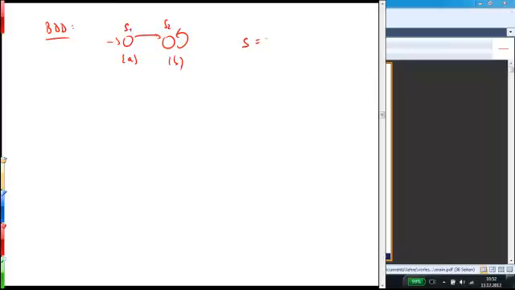If S holds, then I mean that I'm in S1, and if S does not hold, then I mean that I'm in S2. If I would have 4 states, I could use 2 bits, because with 2 bits I can encode 4 values. And now I can build up a BDD that encodes that S1 is the initial state.